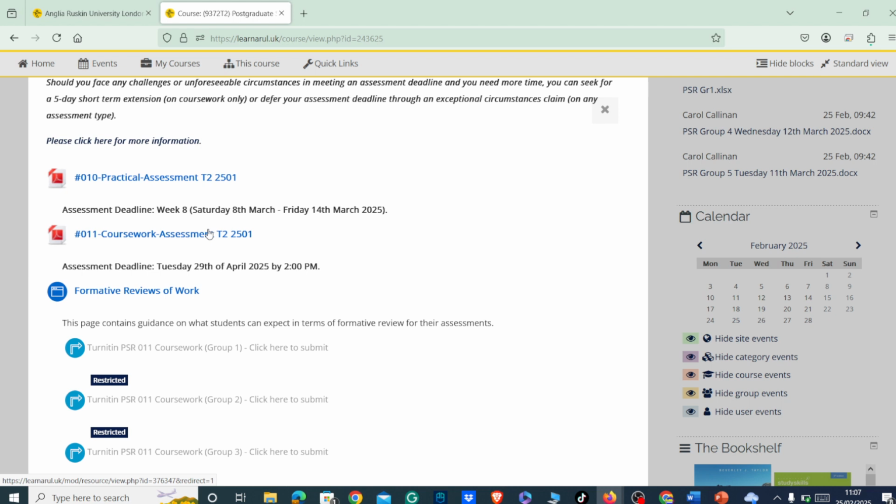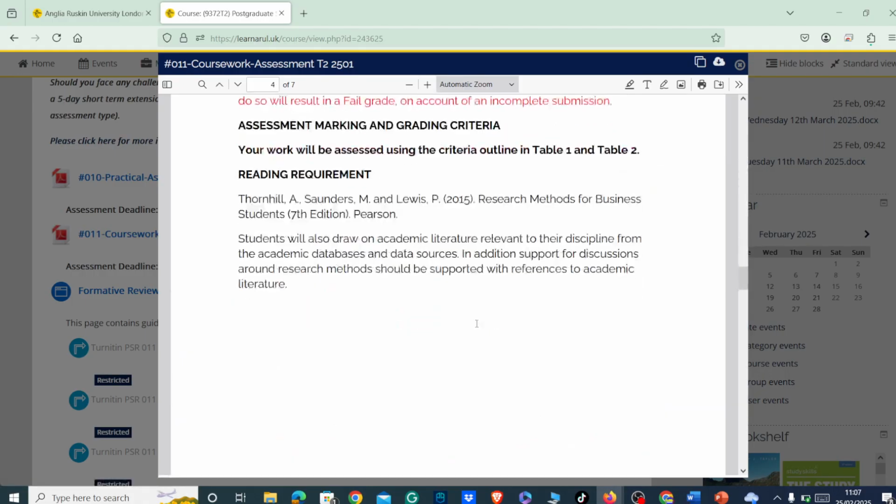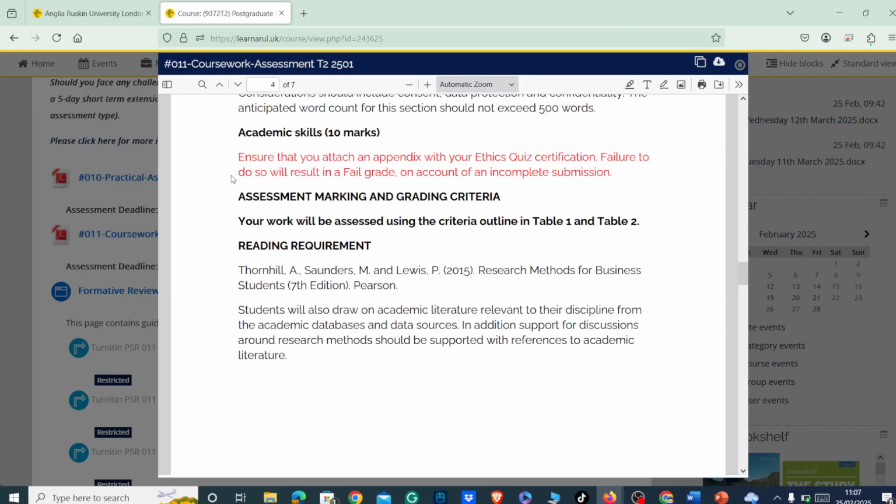Right, this is the bit I was just talking about. Academic skills, 10 marks. Ensure that you attach an appendix with your ethics quiz certificate. Failure to do so will result in a fail grade on account of an incomplete submission.